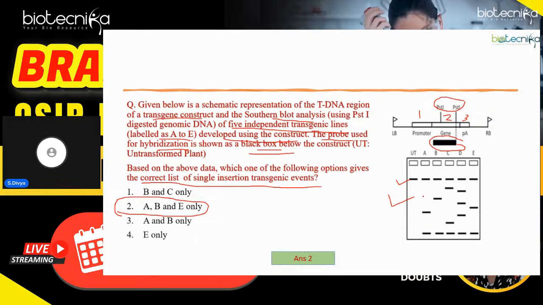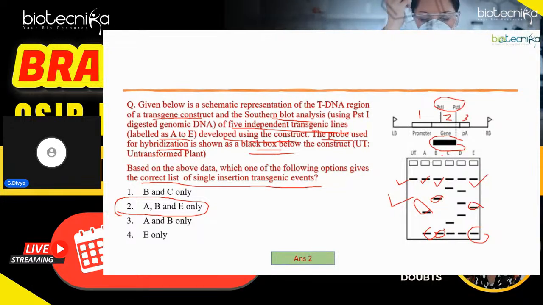So if you analyze the blot of A, blot of B, and blot of E, apart from UT, you are getting only 2 extra bands, right? As per our experiment. But if you analyze the blot for C and D, you are getting more than 2. Here you can see 1, 2, 3, 4, 5. Here you are getting 4.